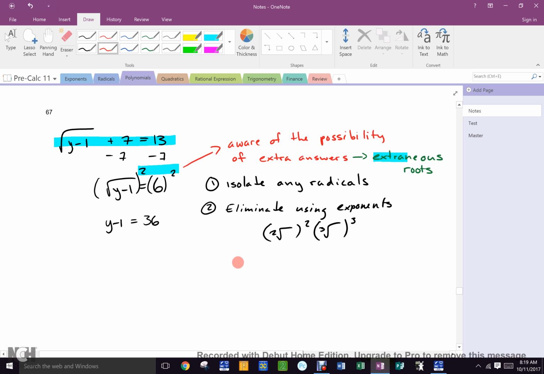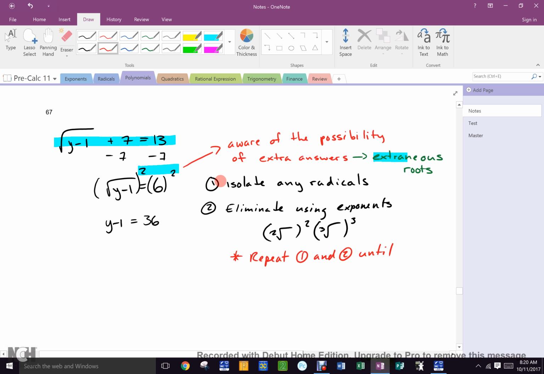Now right here, I want to put a little star. We need to repeat steps 1 and 2 until when? How many times do you think we have to do 1 and 2 in any given equation?